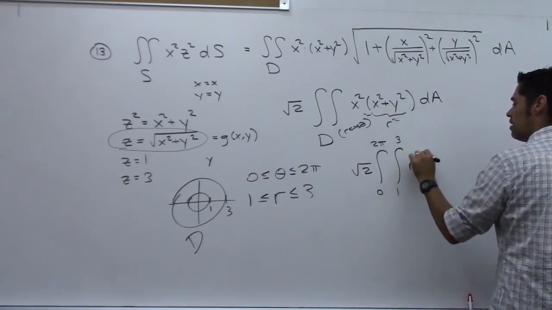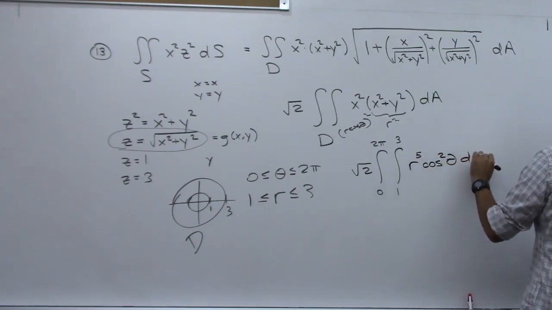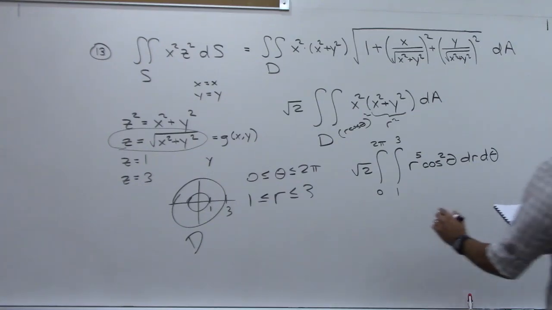So I should have r to the 5th cosine squared theta dr d theta, and I got my root 2 out there. Just double check this. Root 2, 0 to 2 pi, 1 to 3, r to the 5th cosine squared. That's all good.